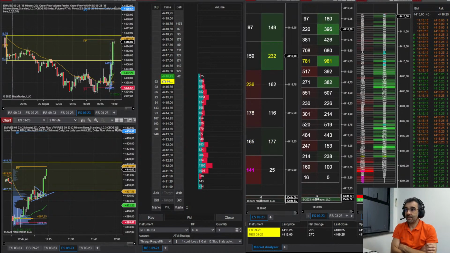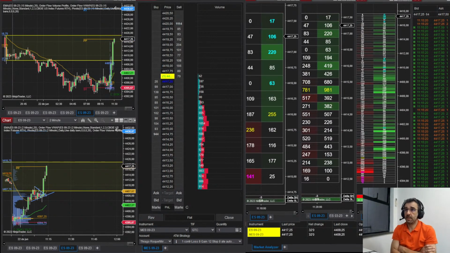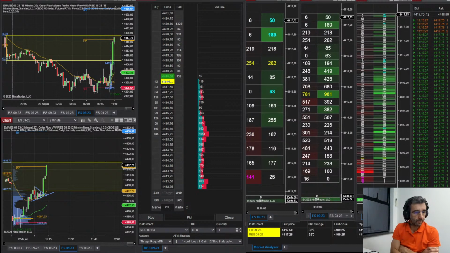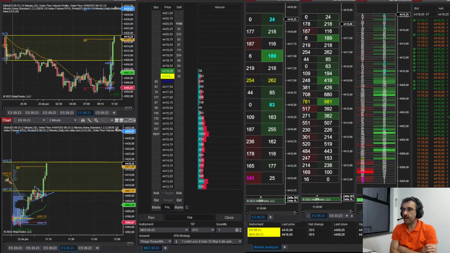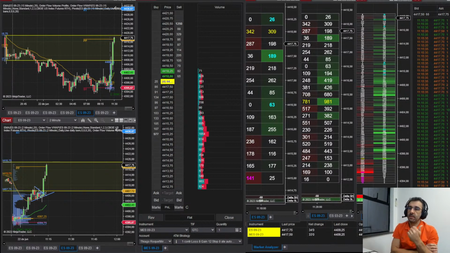So 1718 is a region I have here and is what we've seen yesterday. Now 17 is the pivot point and 1875 is the value area high, and was the limit of the range yesterday.